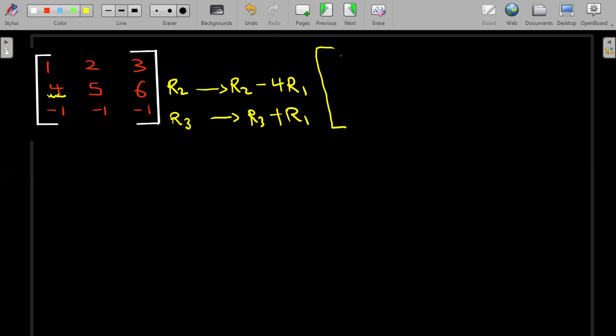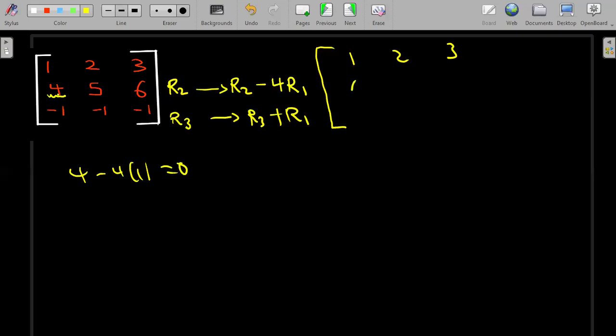The first row is untouched, so it remains the same. And then this second row will have new numbers, which come from the row operation that we are applying. So the first one is 4 minus 4 and then 1, so this is giving us 0.